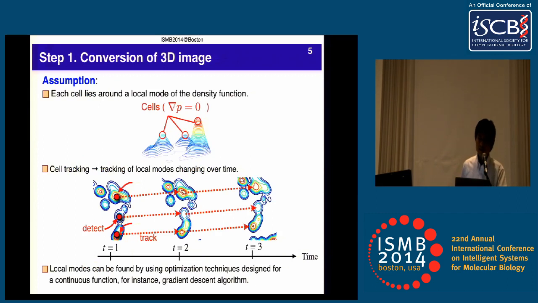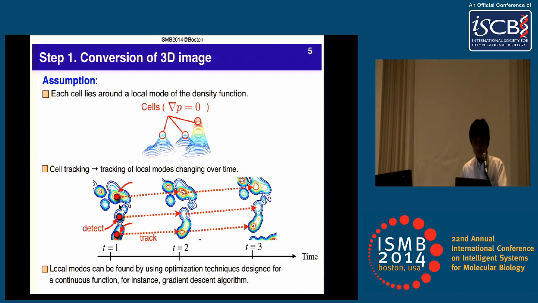Here, we make an assumption. We assume each cell is present around a local mode of this density function, where the gradient is exactly 0. Okay? So then the tracking is addressed by tracking the local modes of the density function, which are changing over time.